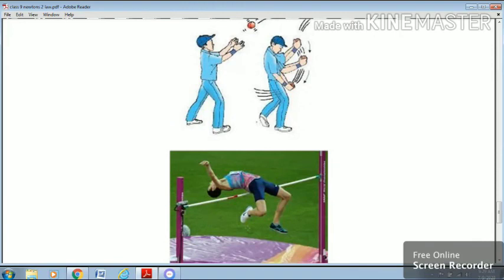On the other hand, when he lands on sand or foam, his feet push the sand for some distance, therefore the time duration in which his feet come to rest increases. So time increases, that means the force exerted will be less. As a result, the force exerted on his feet decreases and he is saved from getting hurt.